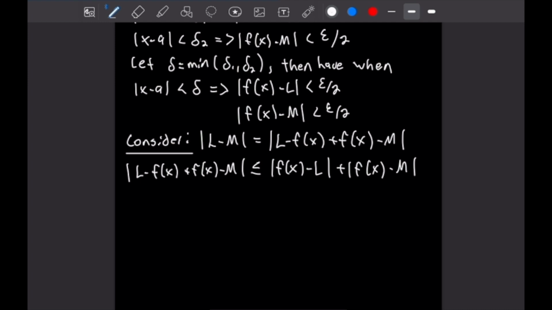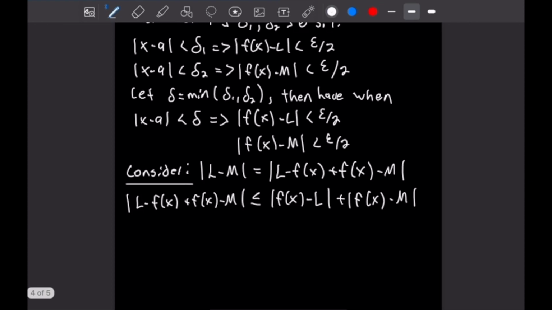And all I did for that L minus f of x is flip both signs, which is totally fine within the absolute value. And I hope that these two look familiar to you, because if you recall from our definition of the limit up here, we have that the absolute value of f of x minus L is less than epsilon over 2, and that the absolute value of f of x minus M is less than epsilon over 2. So knowing those two facts, that means we can write the following inequality.